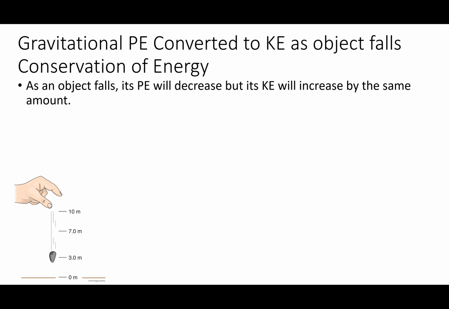So potential energy is stored energy, and kinetic energy is energy associated with motion. I think of kinetic energy as being spent energy. There are a lot of things in this universe that are conserved, and energy is one of them. But energy oftentimes quite easily goes back and forth between kinetic energy and potential energy.